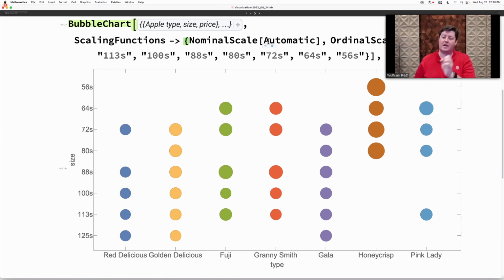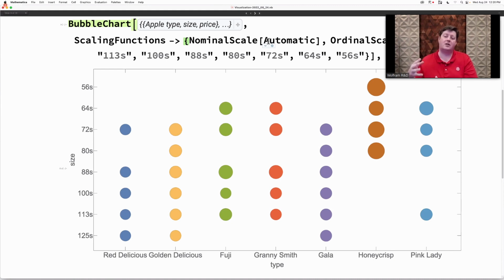I'm going to put automatic in the first argument, and it's just going to go through, and anytime it sees something new, it will say, oh, there's Granny Smith. That must be another item in my nominal scale. I'm just going to add it to the list, and create an axis, included on the axes and as part of the scaling function.